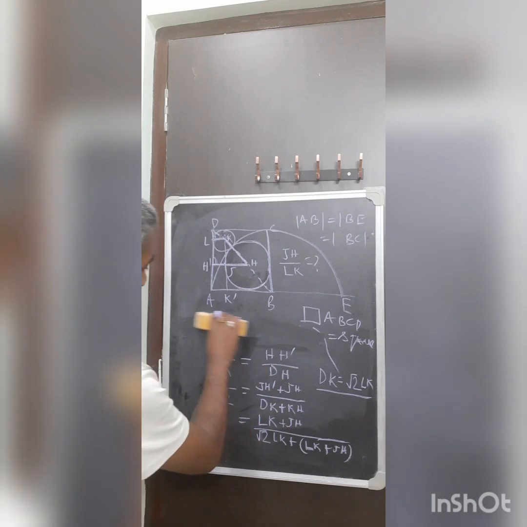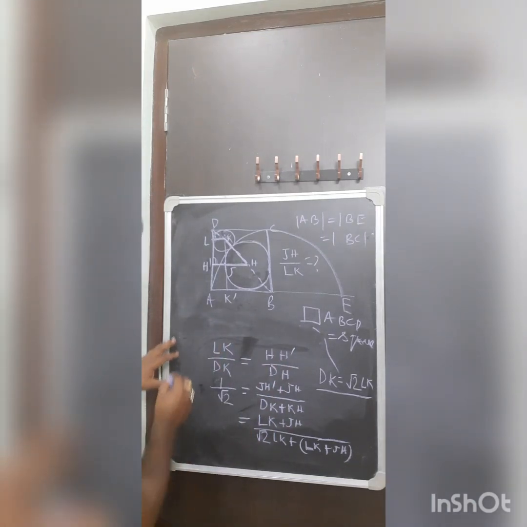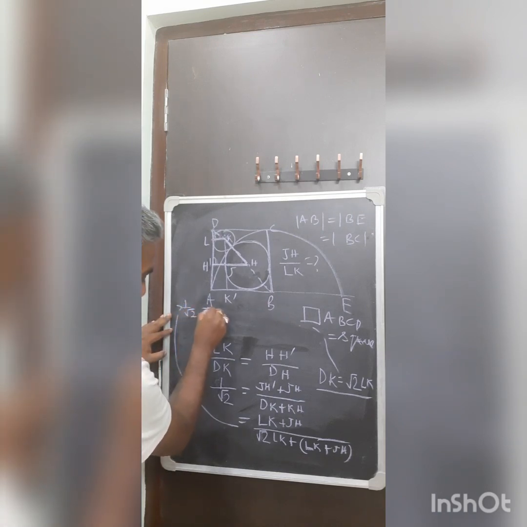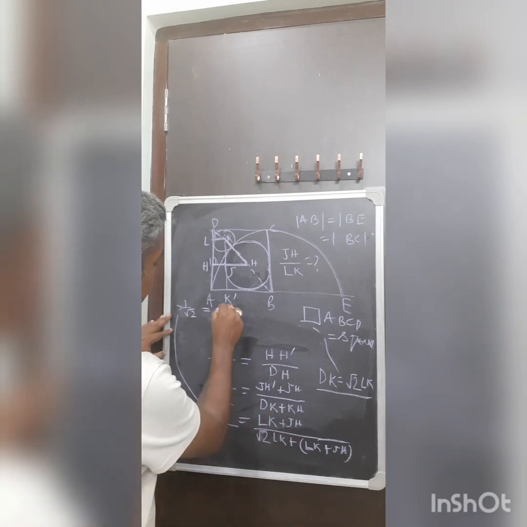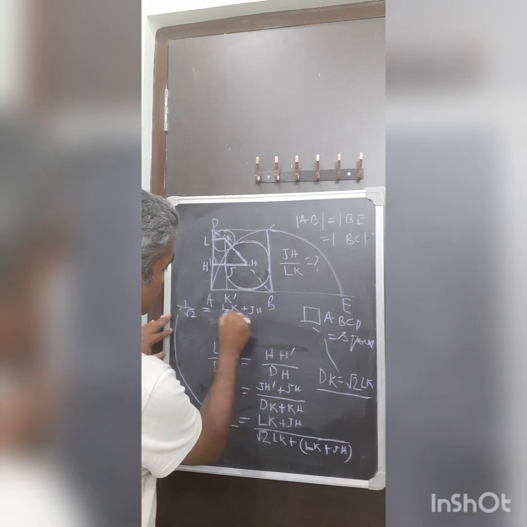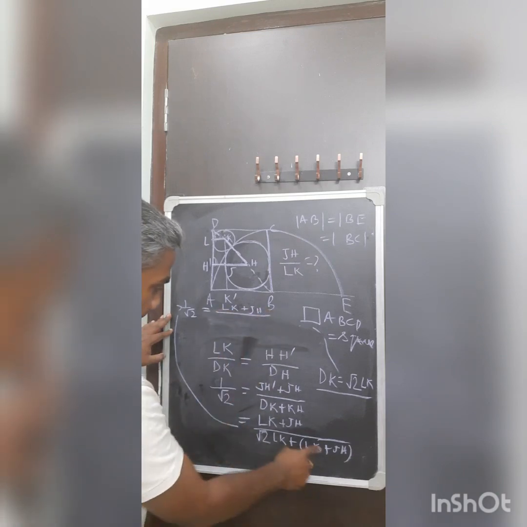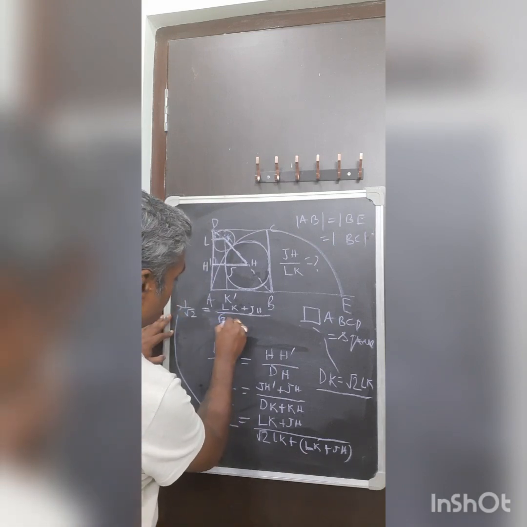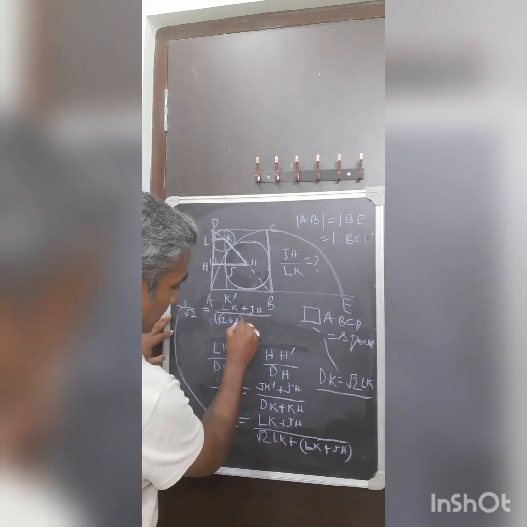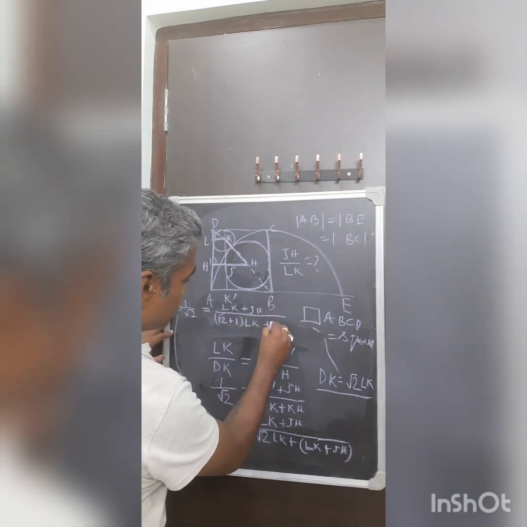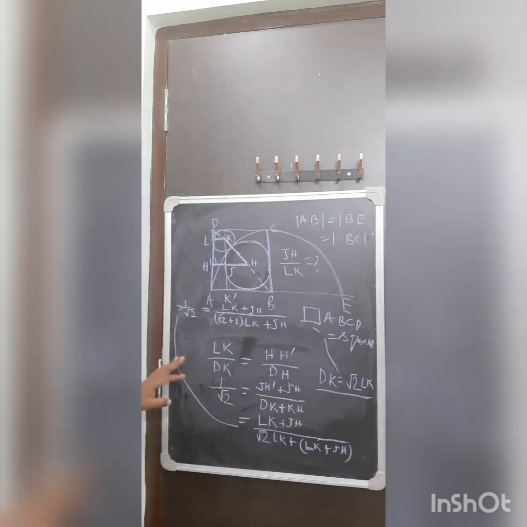Okay. Now let me rub it to have some space on top. So this equation becomes 1 by root 2 is equal to LK plus JH upon, this one becomes root 2 plus 1 LK. If I take LK common out of this, plus JH, I put it like this.